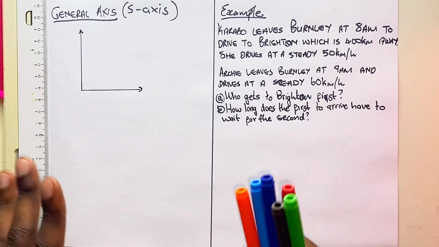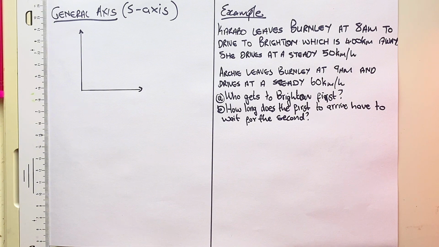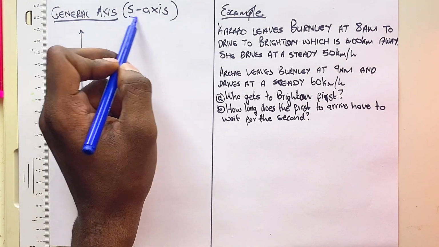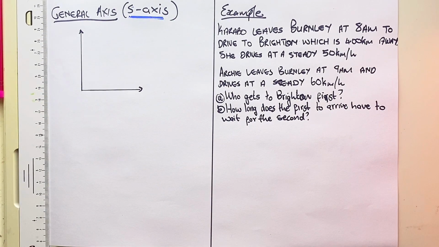Now, in the examples that we have done so far, we knew that we were talking about position versus time, but we didn't know exactly what axis we were working with. So can we actually find an equation for uniform motion for a general axis? In this case, we'll call this axis the S axis.